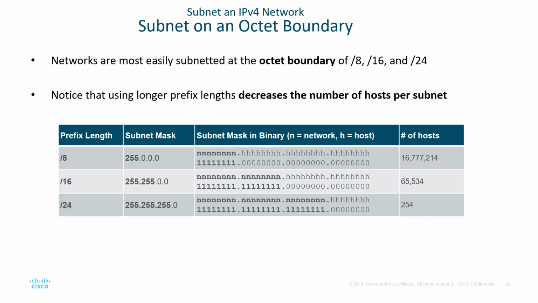Here I get the whole entire enchilada. I get 2 to the 24. 8, 16, 24. Here I'm only getting 2 to the 16. 8, 16. Here I'm only getting 2 to the 8. So the longer your prefix, the fewer hosts per subnet.